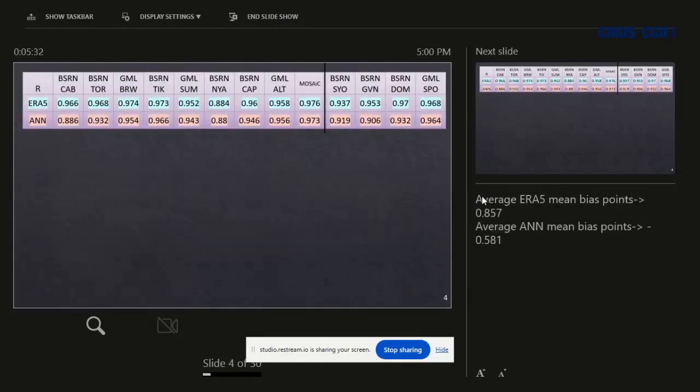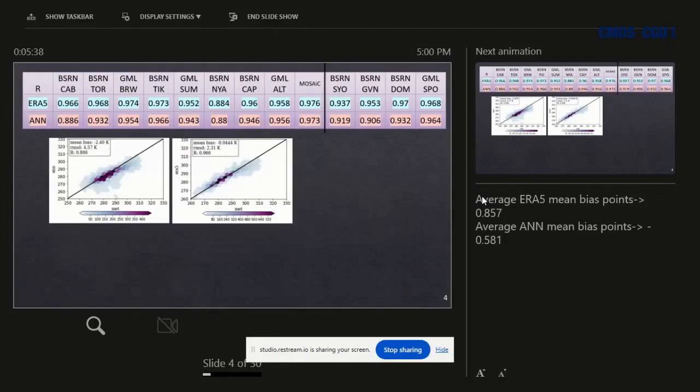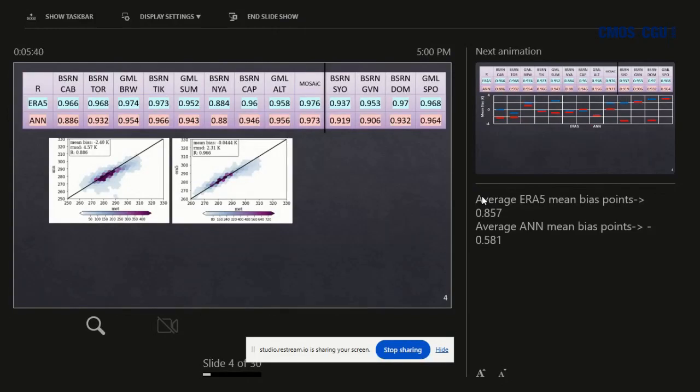So first, we're going to look at the performance of just that single pixel retrieval. This is just showing the correlation coefficients for each of the different data sets. The amount of data in each of these data sets varies somewhere between like 6,000 to 20,000 points.